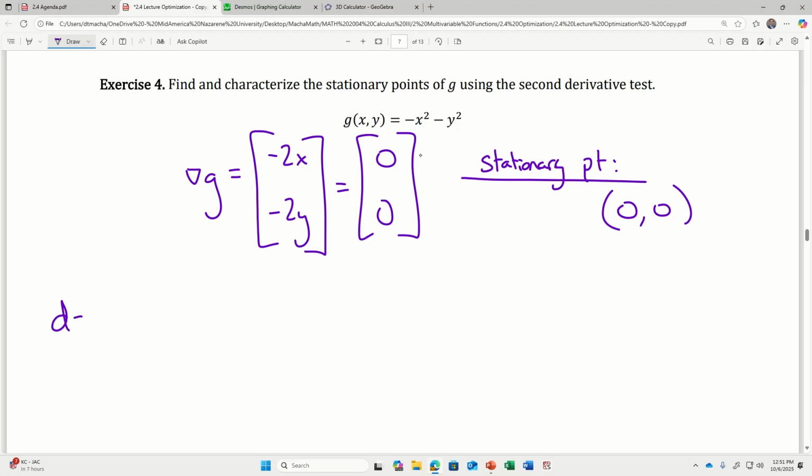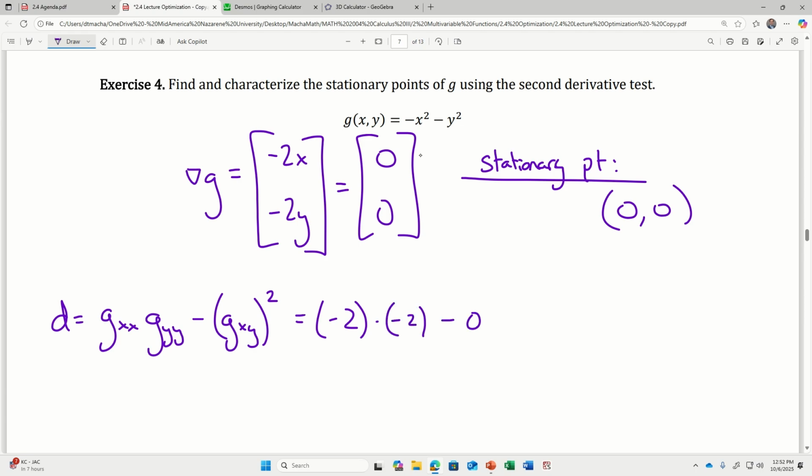Then for the second derivative test, I've got to take the second partial with respect to x times the second partial with respect to y minus the mixed second partial derivative squared. And that's going to be negative 2 times negative 2 minus 0 squared, which is 4. So d is greater than 0.